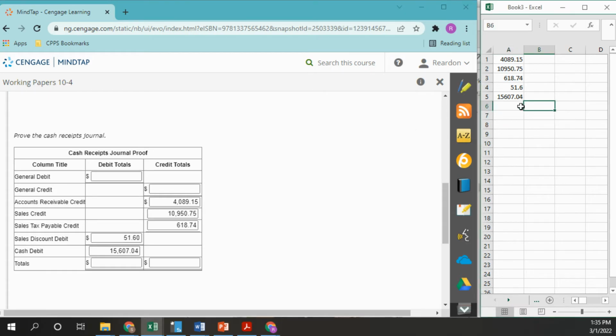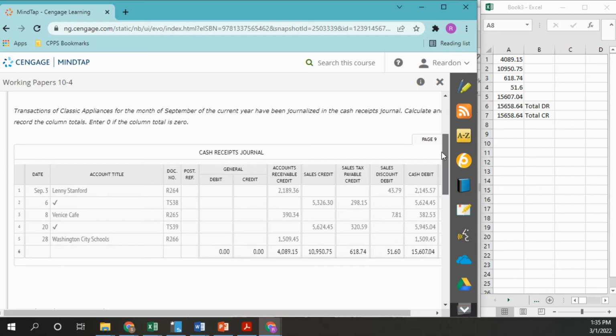I do my total debits, that plus that plus that. Total credit, that plus that. There, I just proved it: 15,658.64, 15,658.64. All right, so I've totaled my columns.